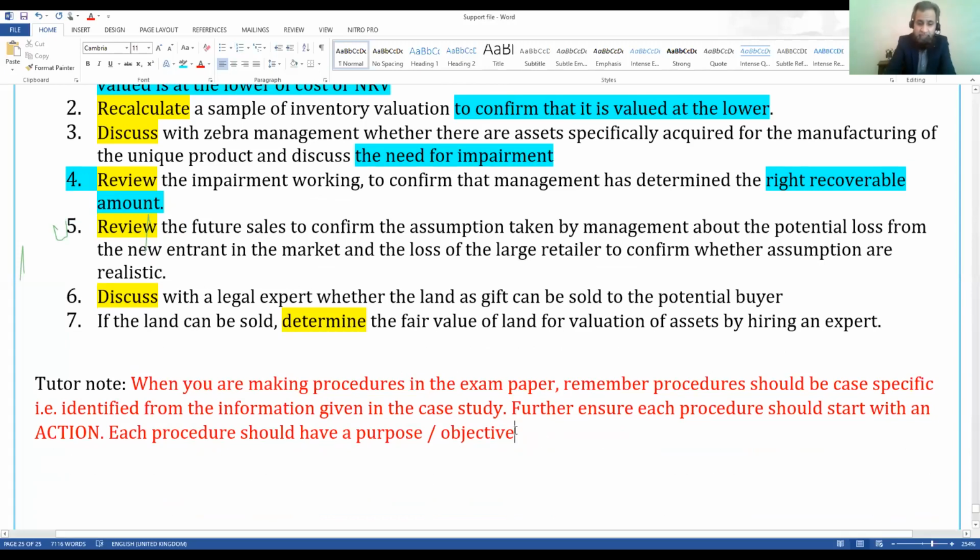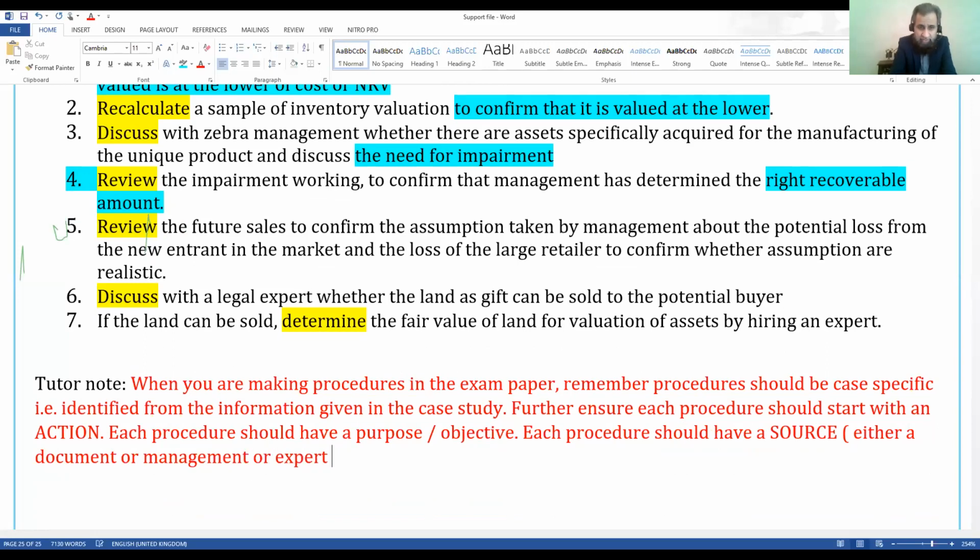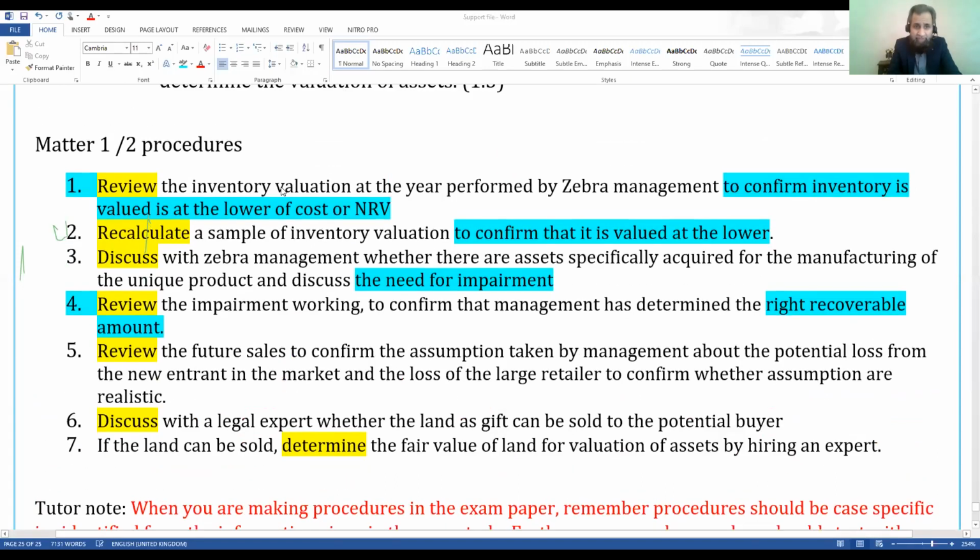And finally, each procedure should have a source. Source means either a document or management or expert, etc. Let's identify. We have a source. Review the inventory valuation. So inventory valuation is the source. Recalculate a sample of inventory valuation.